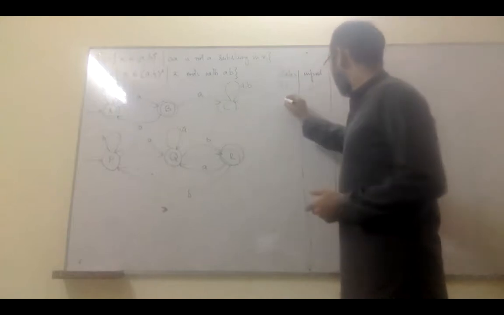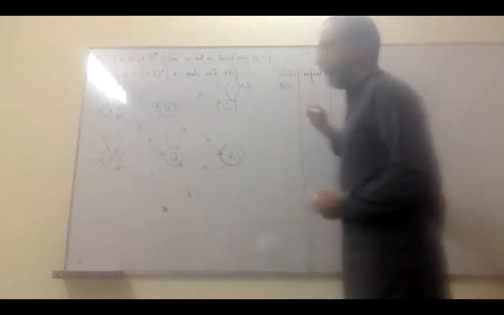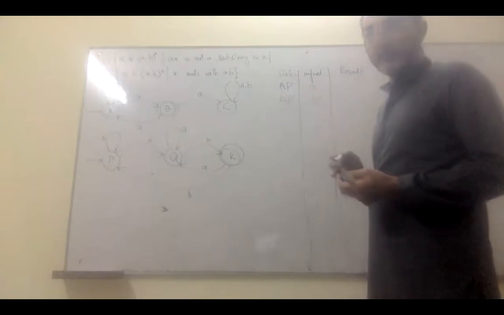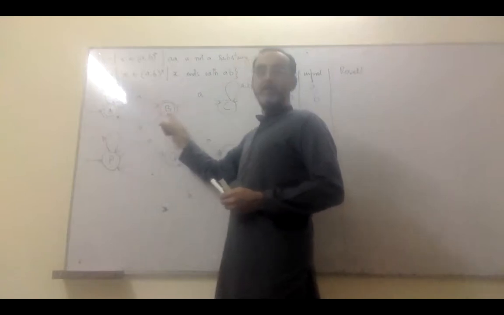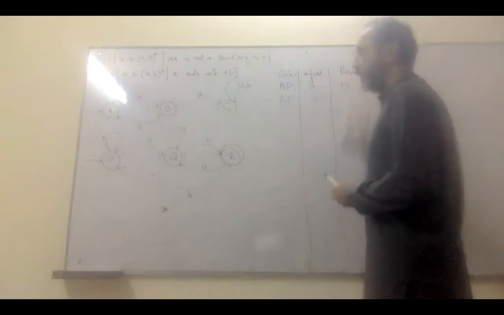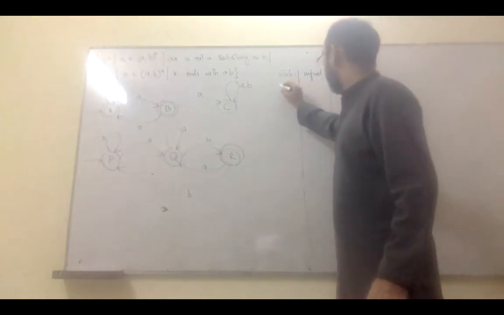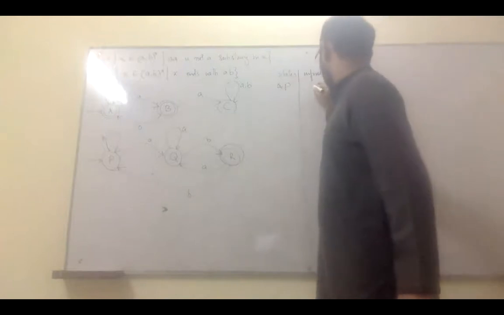So with a, at state A I go towards state B, and at P, after taking a, I go towards Q. So my initial pair is AP, and the input symbols are a and b.